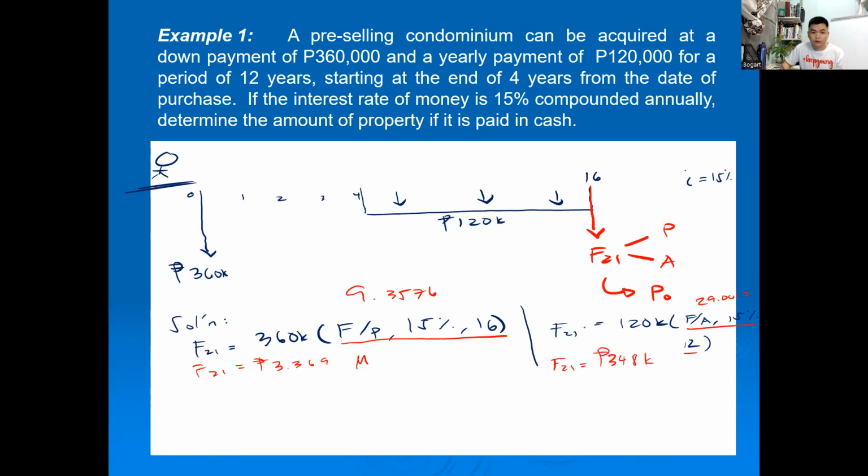So, payat lang to. That will be 348K pesos. Okay, so summing the two, F21 total is equivalent to 3.369 million times 9.3 plus 348K.